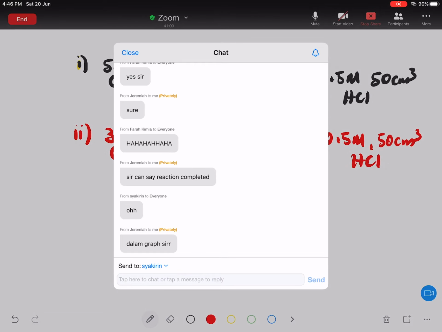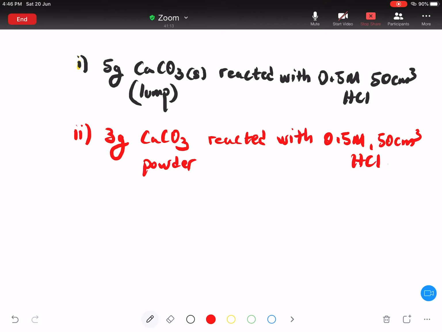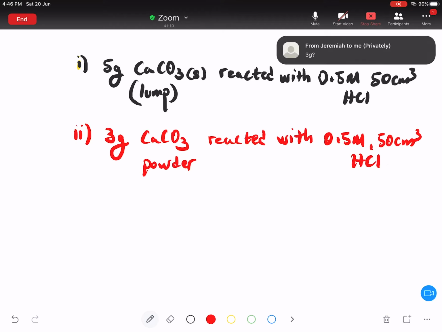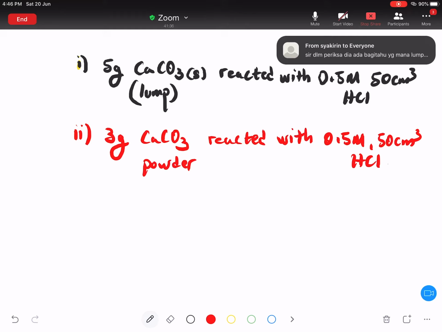Maksudnya? Yeah, just lakarkan. Sketch the graph. No need to use the graph paper yet. Done or not?